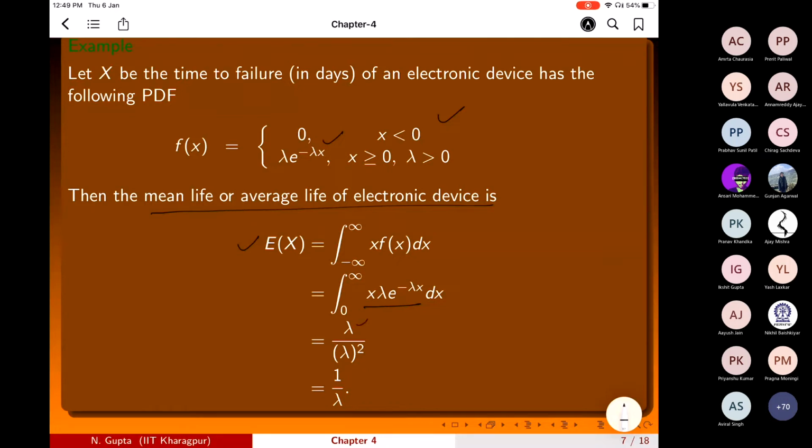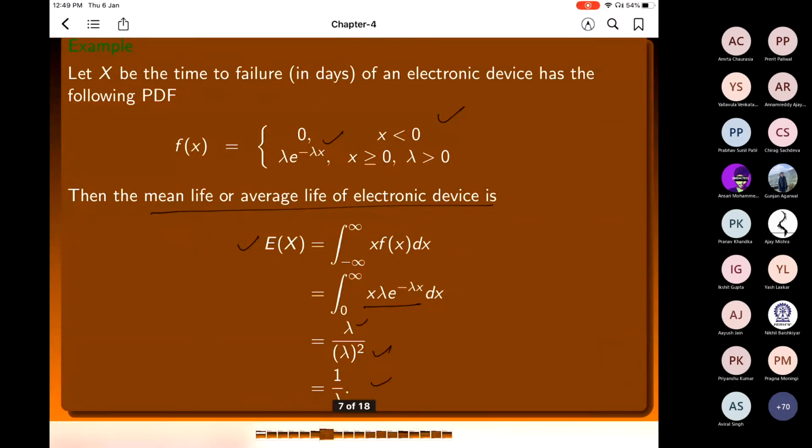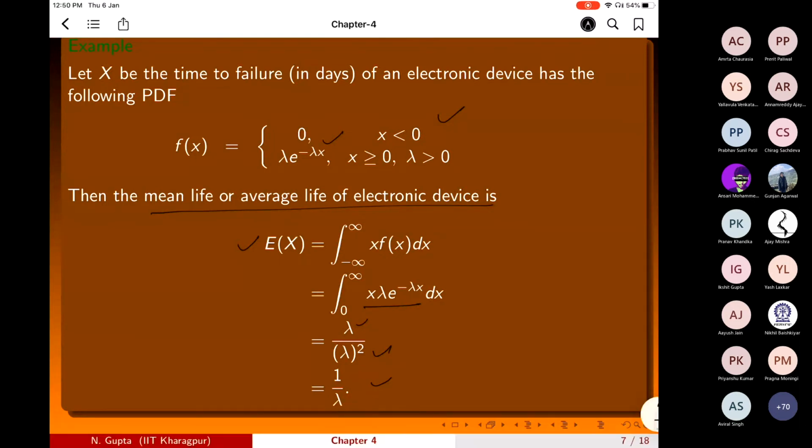Lambda will be outside. Integration from 0 to infinity of x e raised to power minus lambda x dx will be 1 by lambda square, so the result will be 1 by lambda. So this is the mean life or average life of the electronic device, because in this case we have the probability density function.